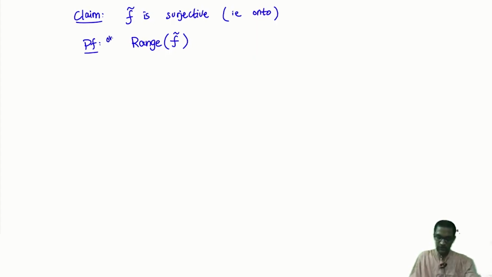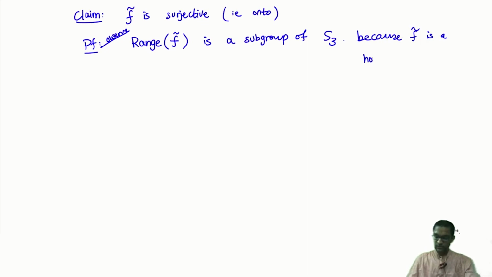Because F tilde is a homomorphism, the range of a homomorphism is always a subgroup of the group on the right, the codomain. A simple exercise if you haven't seen this before.